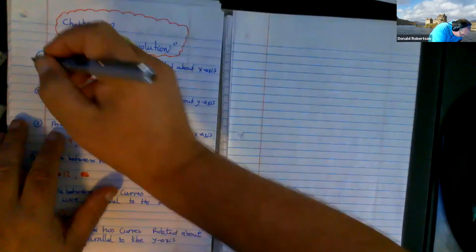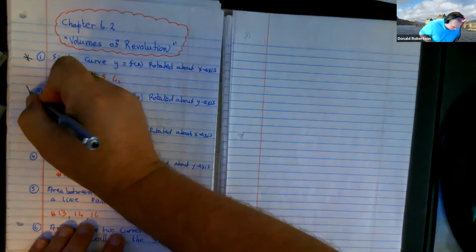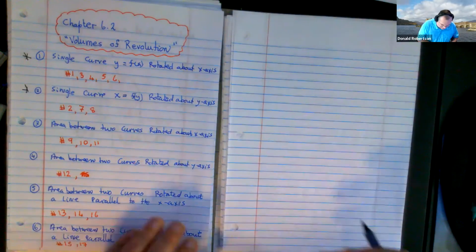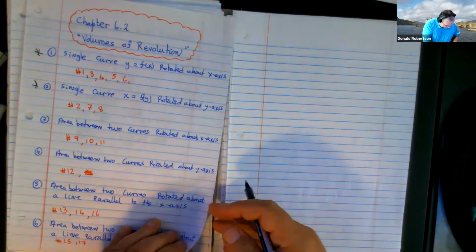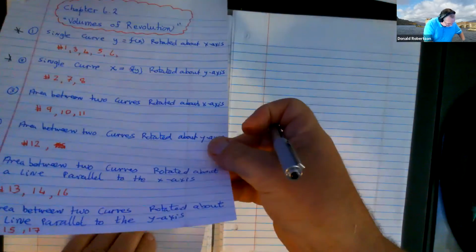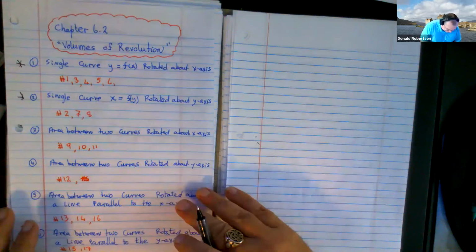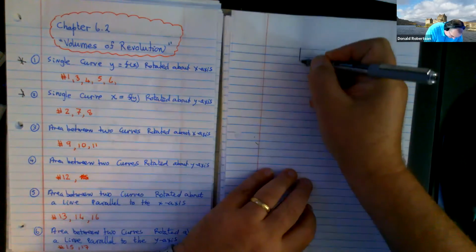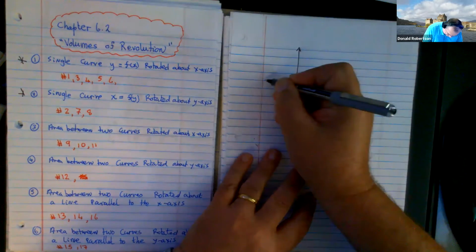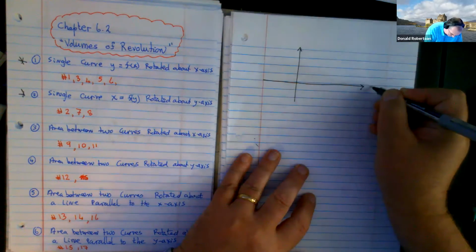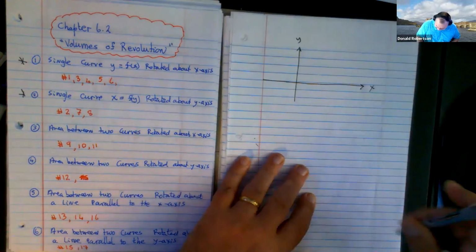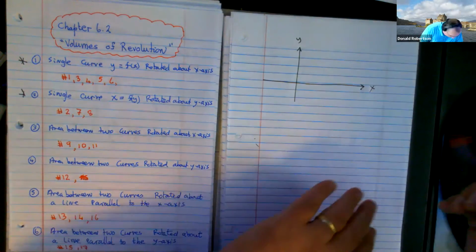We have done single curves rotated about the x-axis. Let's do single curves rotated about the y-axis. And I'll hide that one for a minute. Show you what it might look like. Imagine you have a curve, what would we call it?